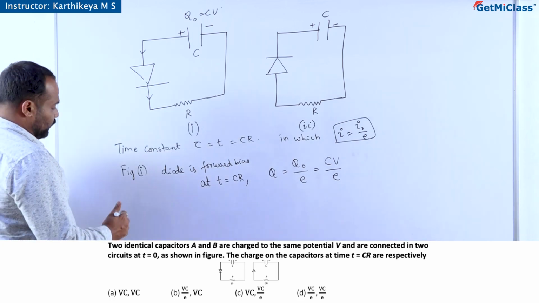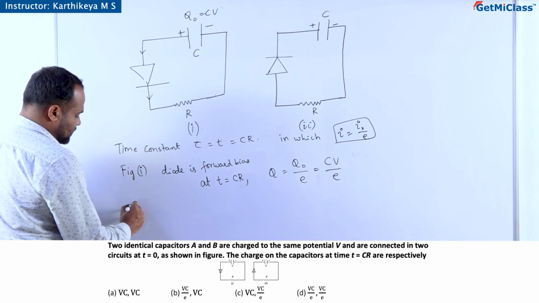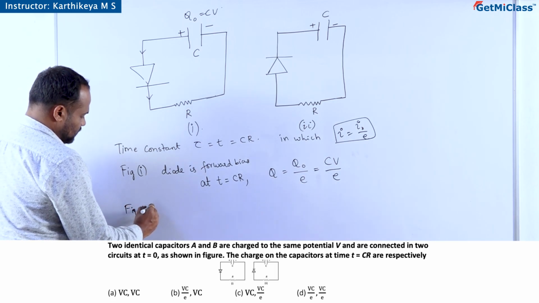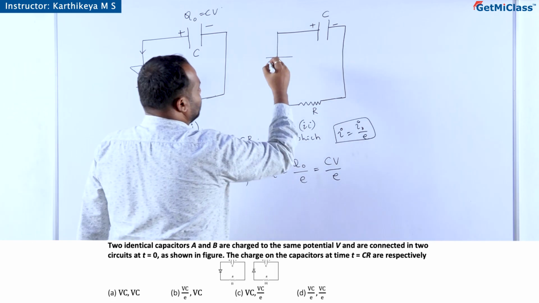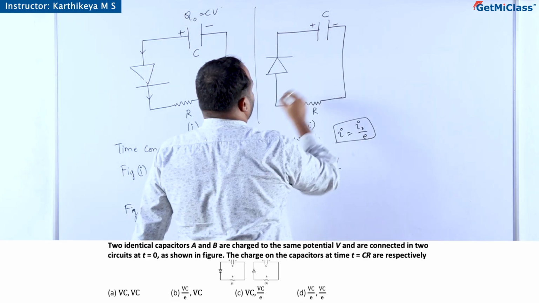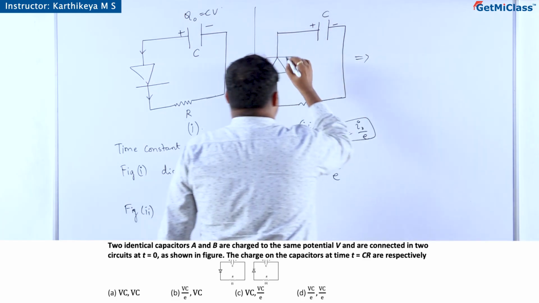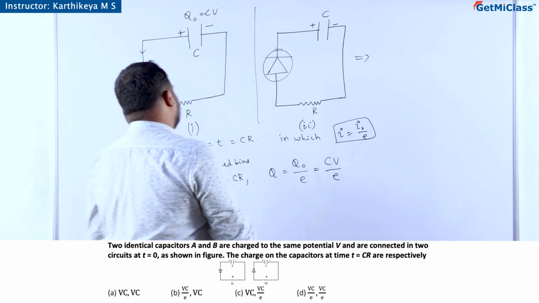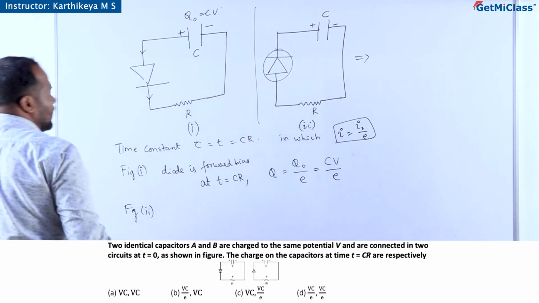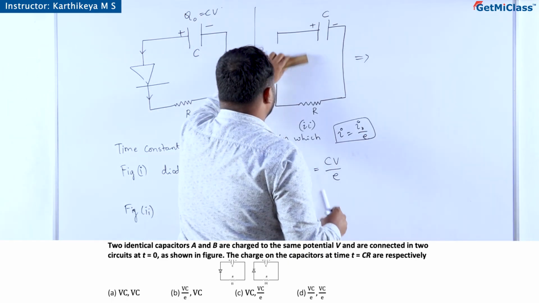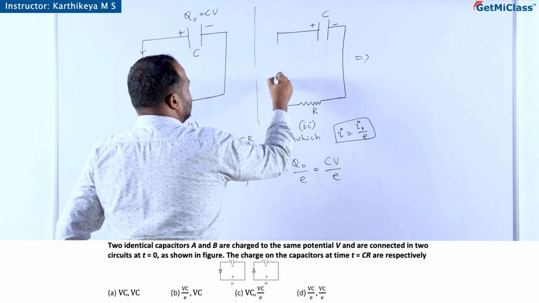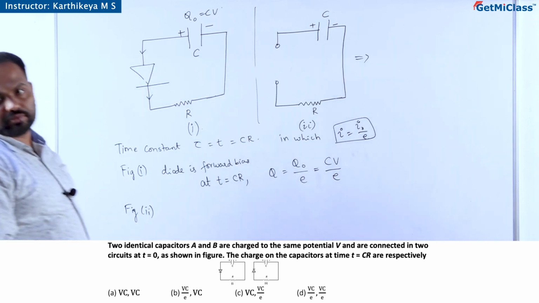Okay. In figure 2, what happens is, see, this is reverse bias. So in this circuit, this becomes open. This diode is reverse biased, so the circuit suddenly becomes open.